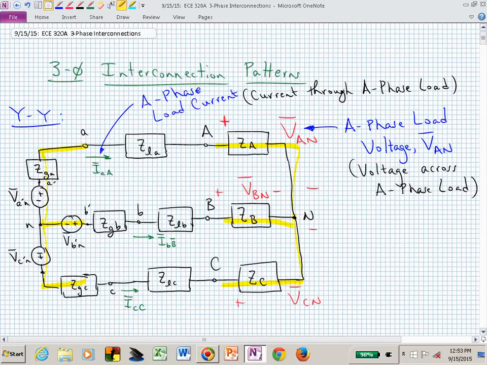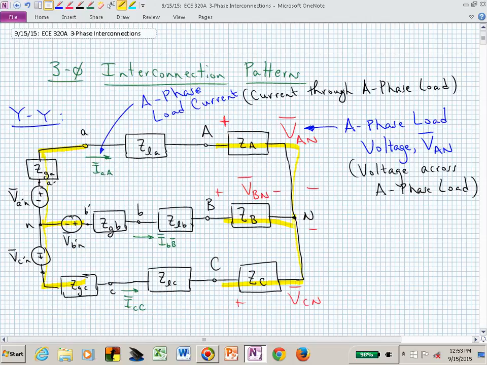This voltage source on the left for the A phase is A prime, that terminal between the source and the generator internal impedance is the A prime node. If we had a non-zero capital Z sub GA, then the voltage at A is a little different than the voltage at A prime.